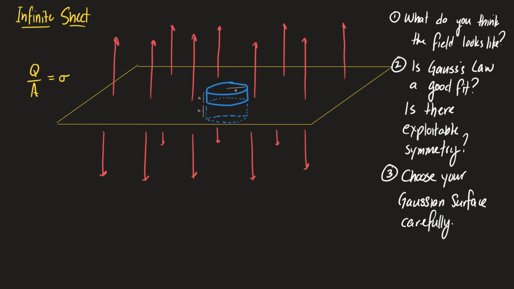Now, the actual calculation, or the use of Gauss's law, is separate from this. Once you have established all these things, applying Gauss's law is its own set of things to do. So once we've chosen our Gaussian surface and made some decisions about its size and shape, Gauss's law has two parts.